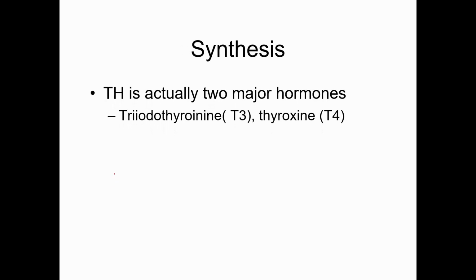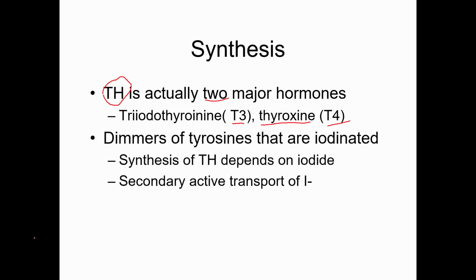So, thyroid hormone, as I said with our learning objectives, is actually two hormones. One is called triiodothyronine, which is not easy to say. That's T3. And the other one is thyroxine, which is T4. Now, what you do is take an amino acid called tyrosine, and you make a dimer of it, and then you iodinate it.